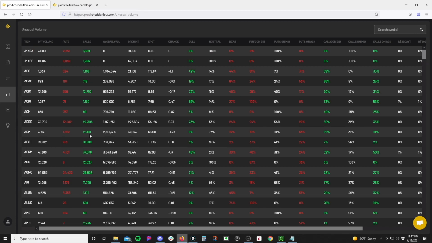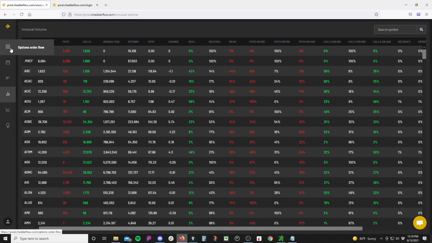And then number three is combining the features of Cheddarflow with the unusual volume tab, so using the unusual volume tab with the options order flow more specifically, and then using that information and looking at a standard options chain on your brokerage platform, and how you can make good, conclusive, informative inferences that you can overlay on top of any current trading strategy.